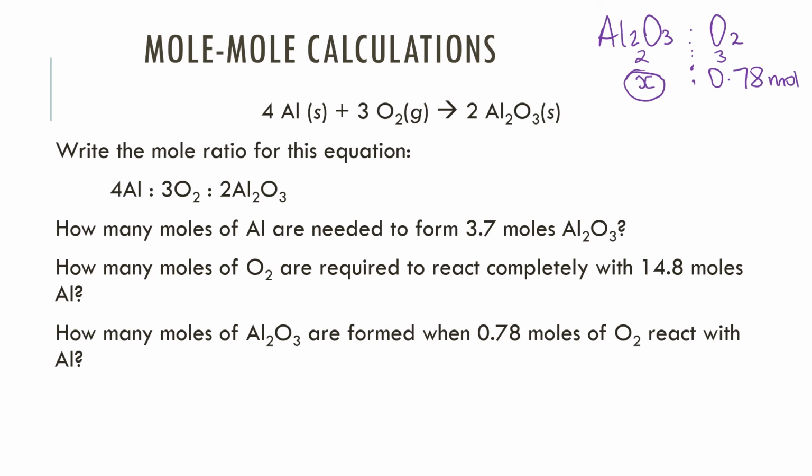Looking at our ratio again, if we have 0.78 moles of oxygen, we need 3 moles in the balanced equation. So we divide 0.78 by 3 to get 1 mole, we multiply that by 2, and that gives us the number of moles of aluminium oxide that's going to be formed. In this case, it's 0.52 moles.